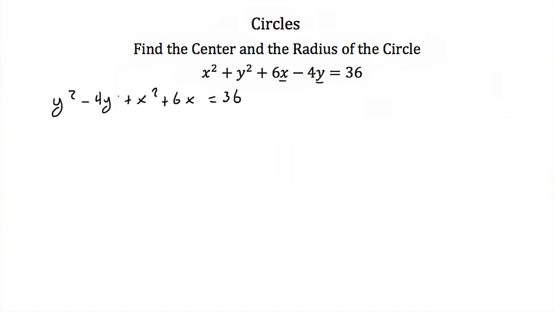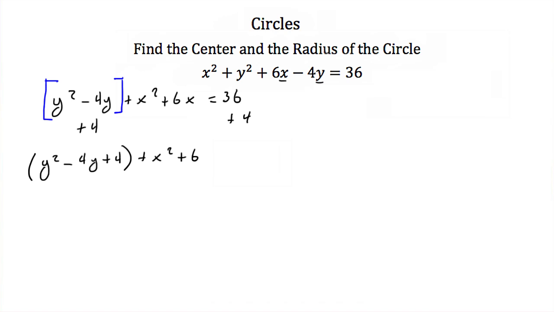Now let's look at just our y's for right now. If I wanted to make y^2 - 4y a perfect square, I would have to add 4. But if I add 4 to this side, I have to add 4 to the other side. So we can do that. This will become y^2 - 4y + 4 + x^2 + 6x, and that's going to be equal to 40.